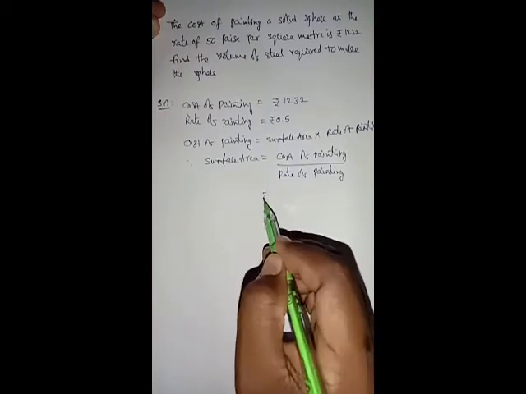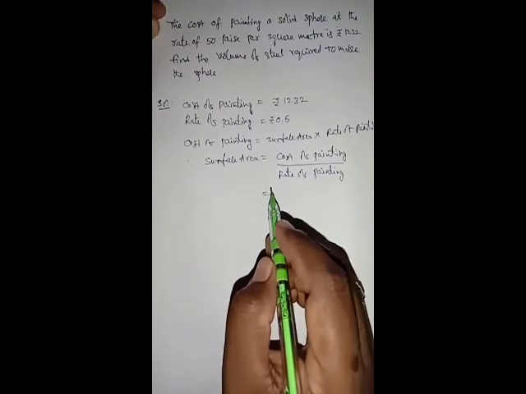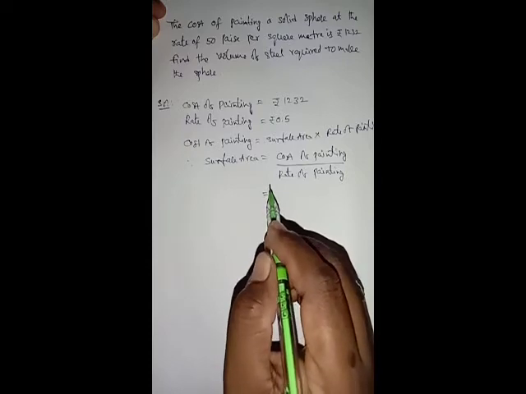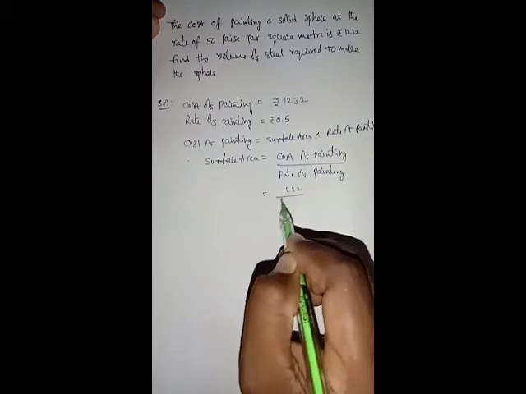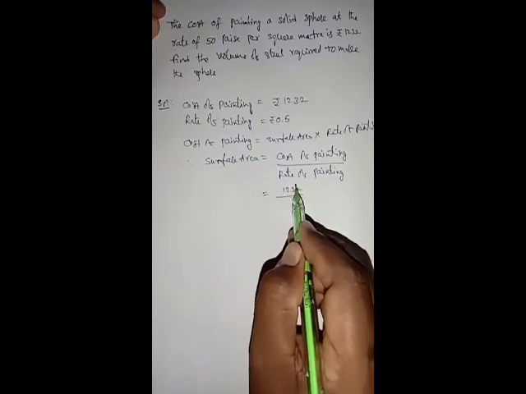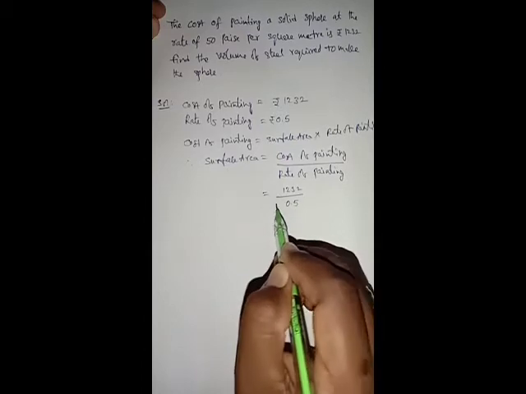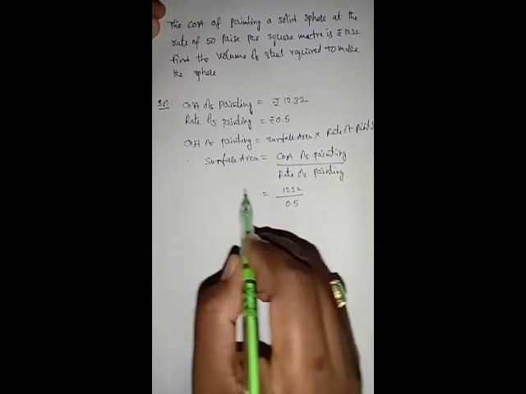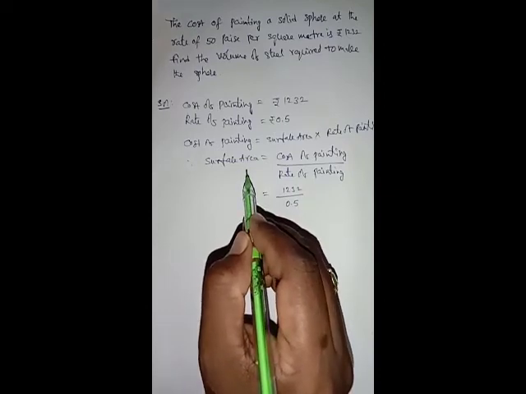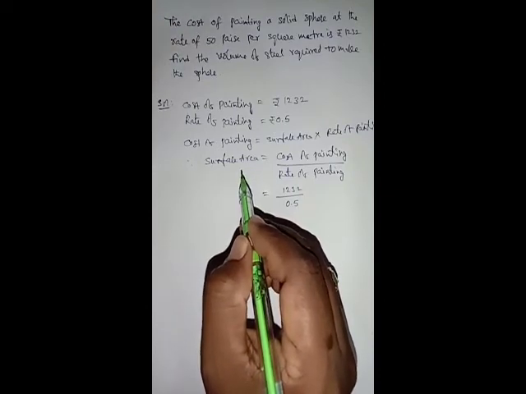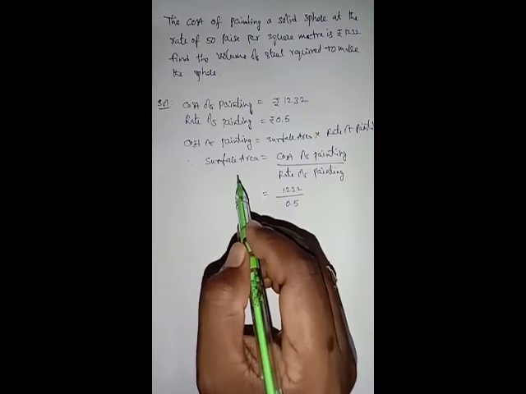According to the given data, the cost of painting is 1232 rupees, and the rate of painting is 50 paisa, that means 0.5.